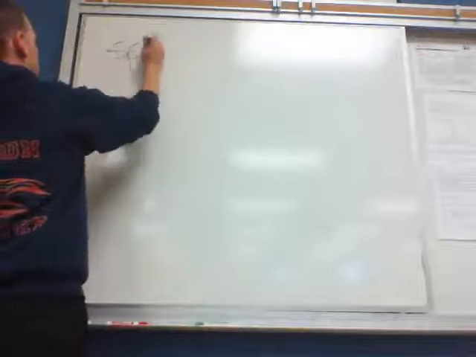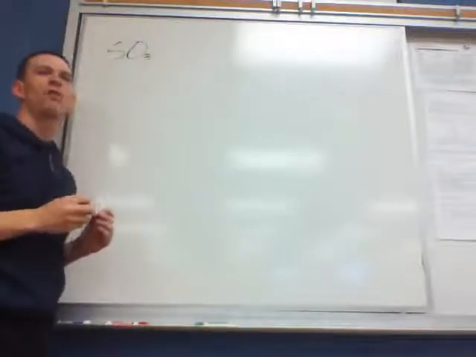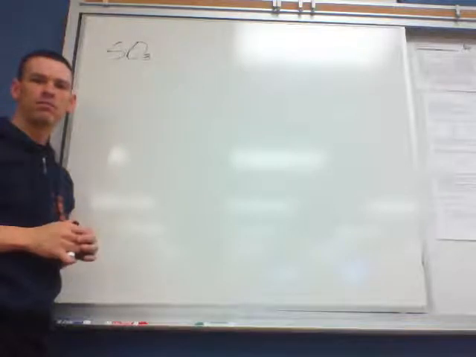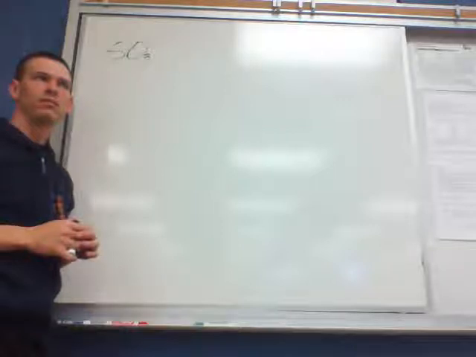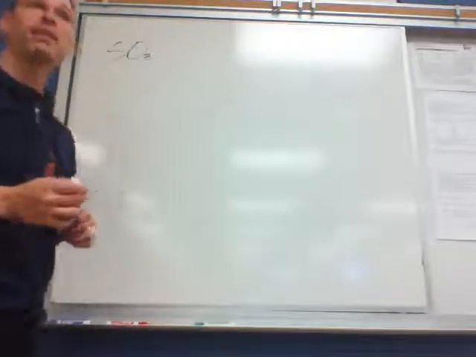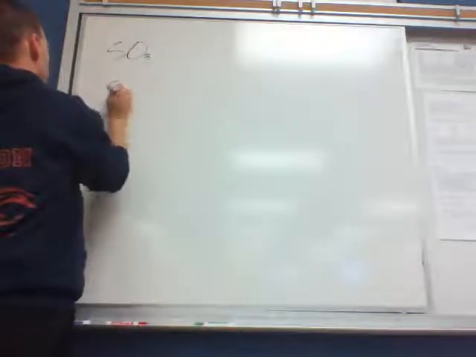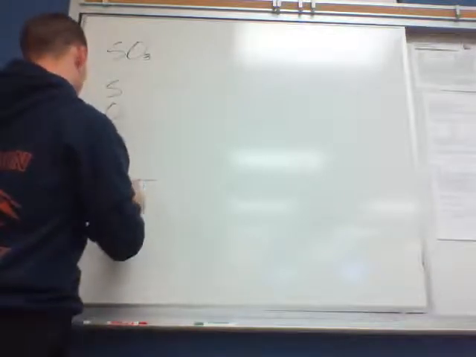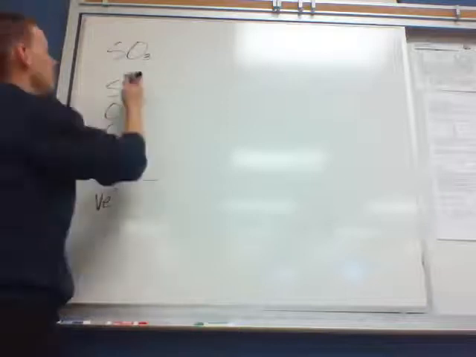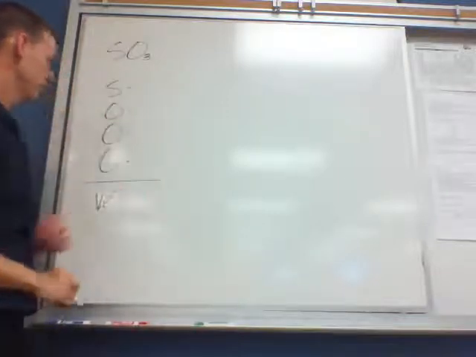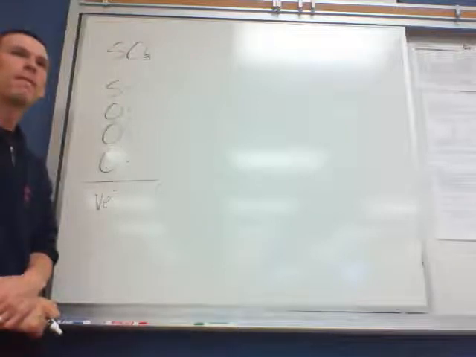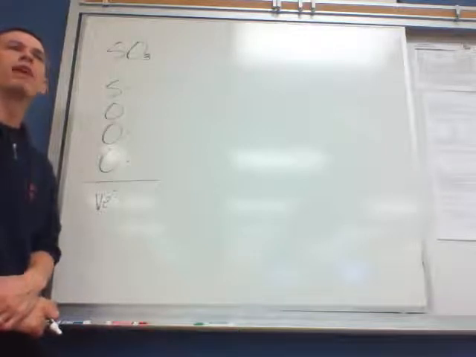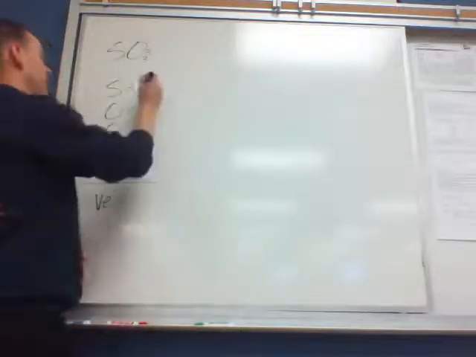Sulfur trioxide. Make your list. So, how many valence electrons does sulfur have? 6 from group 16.